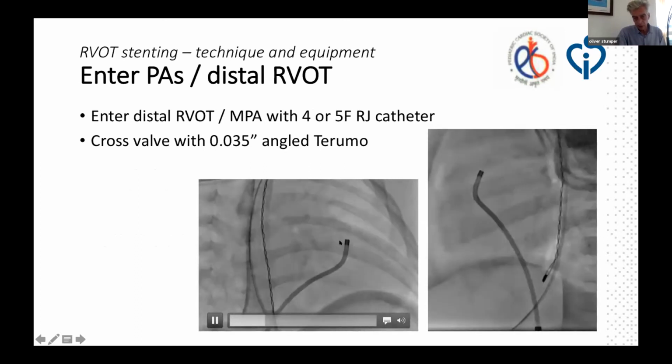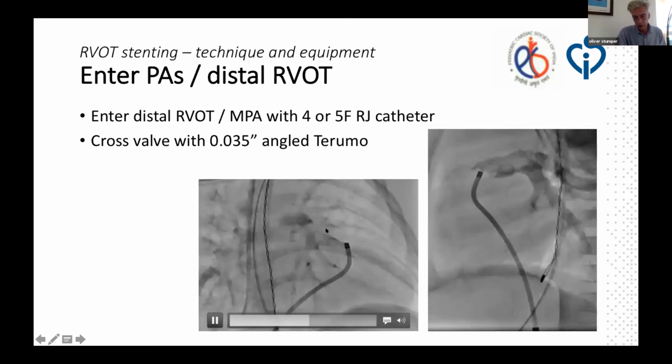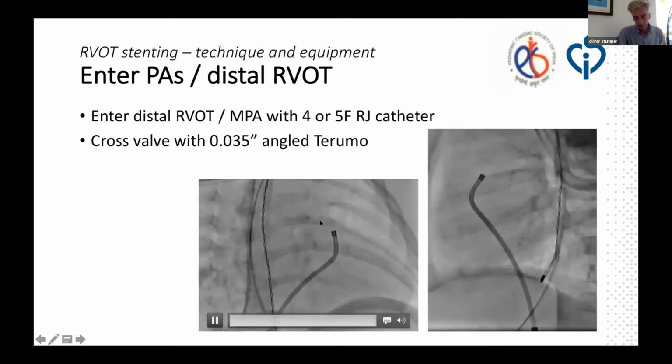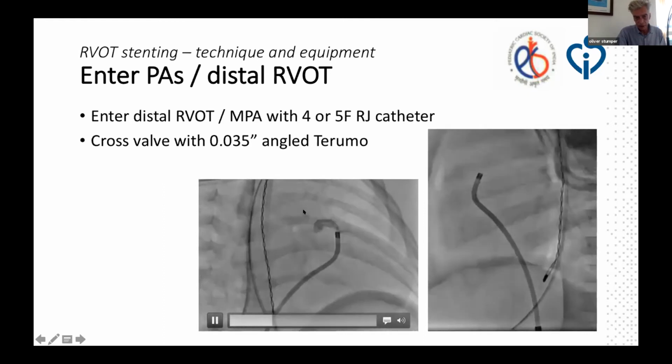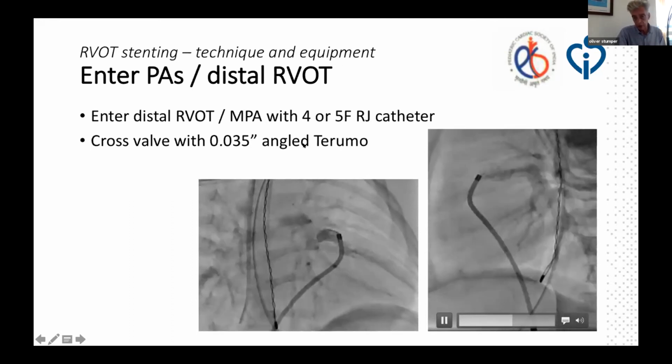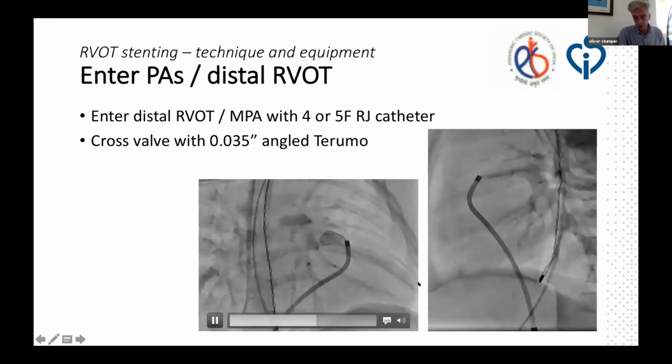We enter the infundibulum, look at the pressure, that we don't get an injury pressure when touching or being in the myocardium rather than in the lumen. And then we do another test injection. And then ideally we cross the valve directly with the catheter, otherwise with an angled Terumo 035.